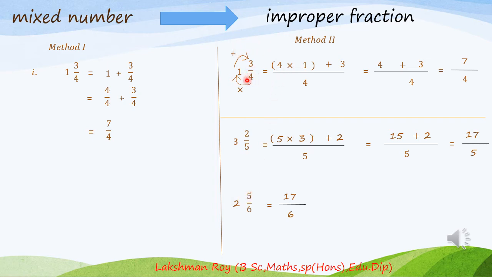Let's see here: 4 multiplied by 1 is 4, add 3. 5 multiplied by 3 is 15, add 2. 6 multiplied by 2 is 12, then add this 5, so you get 17. The denominator is the same denominator. So that is so easy. Understand?